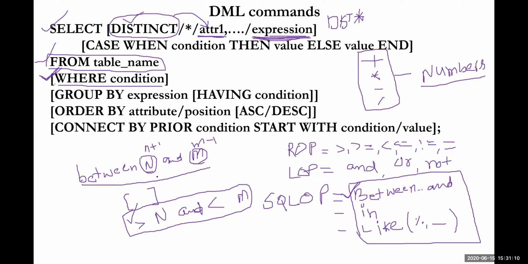But as per the question asked to you, 1000 and 2500 are not included: the people who are getting greater than 1000 and less than 2500. What does it mean? 1001 to 2499 rupees.